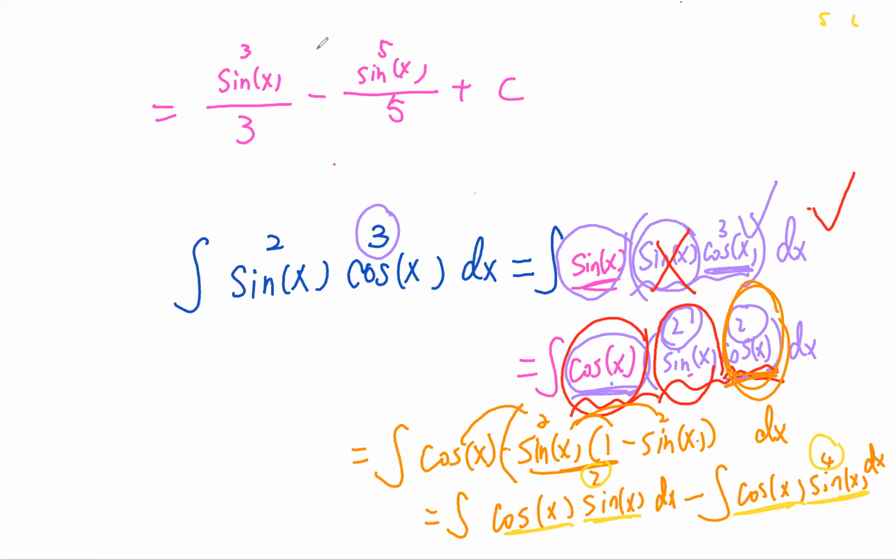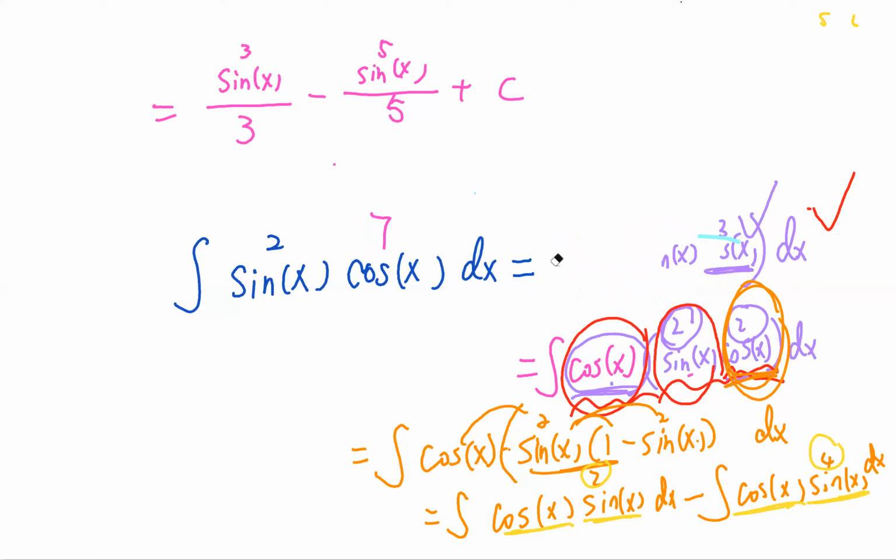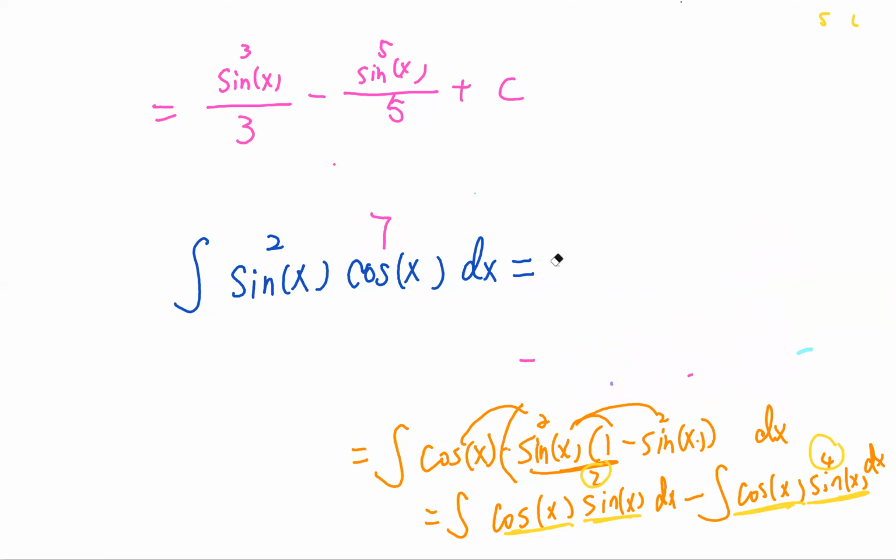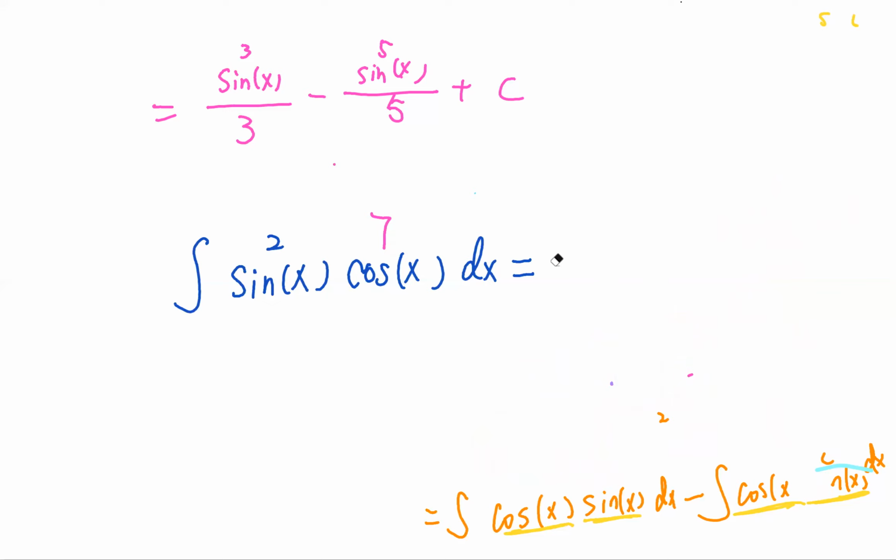So what we can change right here is, if I still have sine x to the square, so that's even, I can add numbers for my exponent. That means I can change this to be 7. We just have to think about, if I change to 7, what should we do? Can we still solve it? Is that the same problem?